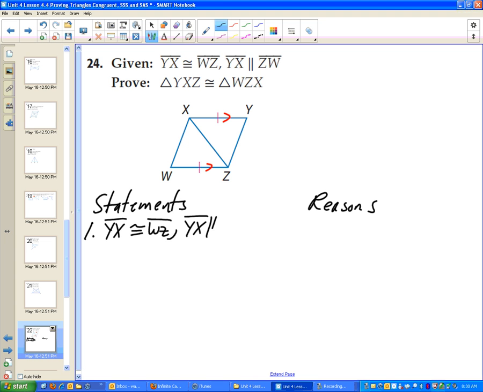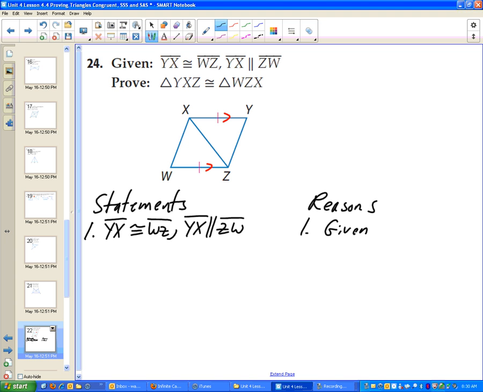Segment YX is parallel to segment ZW. The reason both of those things are true is given. A statement can have multiple parts as long as all of those multiple parts have the same reason. Okay? So the reason for both of those is given, so I can put it all into one statement.